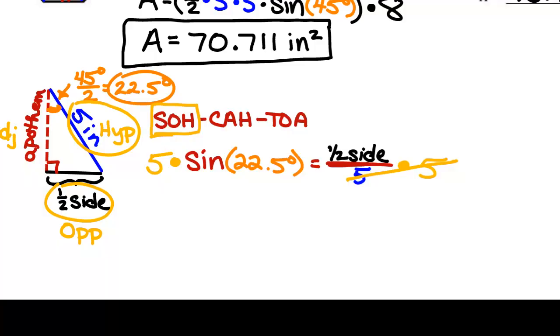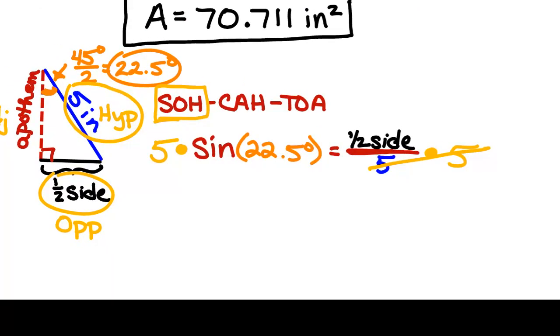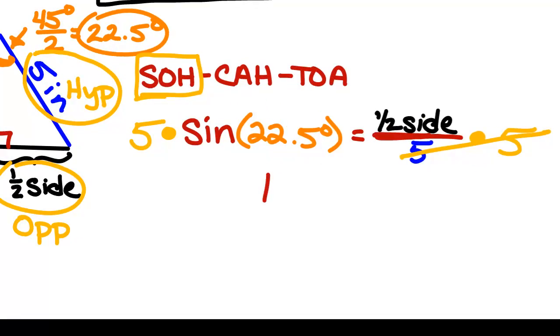So let's grab our calculators. We're going to do 5 times the sine of 22.5. What do we get? 1.913 is equal to the half side.